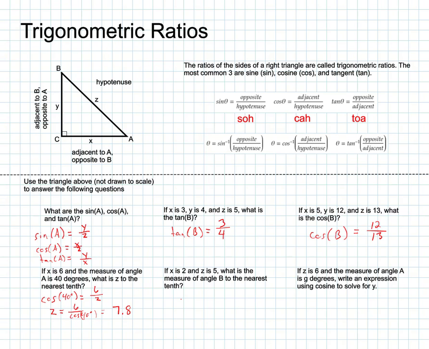So the sine of B is equal to opposite, so 2 over hypotenuse, which is 5. We want to solve for B, so we'll take the inverse sine of 2/5. So B is equal to the inverse sine of 2/5. And plugging that into the calculator to the nearest tenth, we get 23.6 degrees.